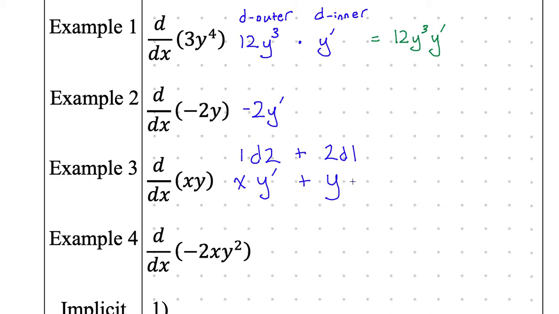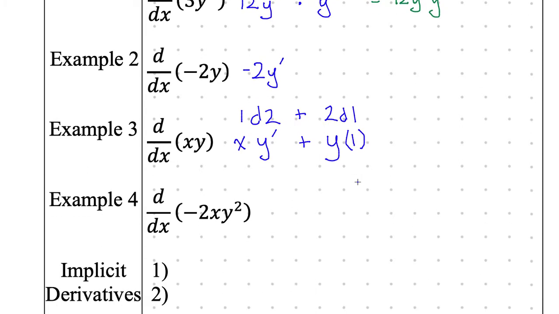What is d1? x prime is just 1. So it's just xy prime plus y. And this obviously gets more advanced, where instead of just giving you xy, I'll give you -3xy or -3xy squared. Example number 4, -2xy squared.